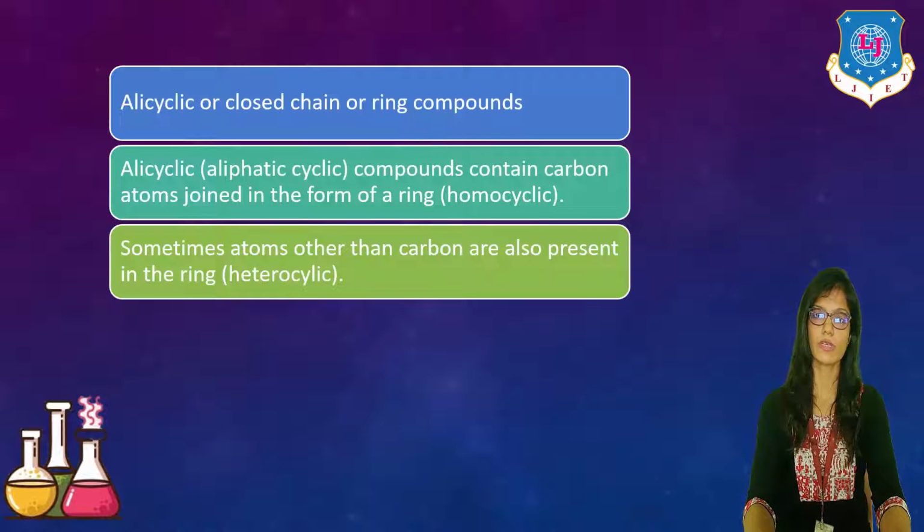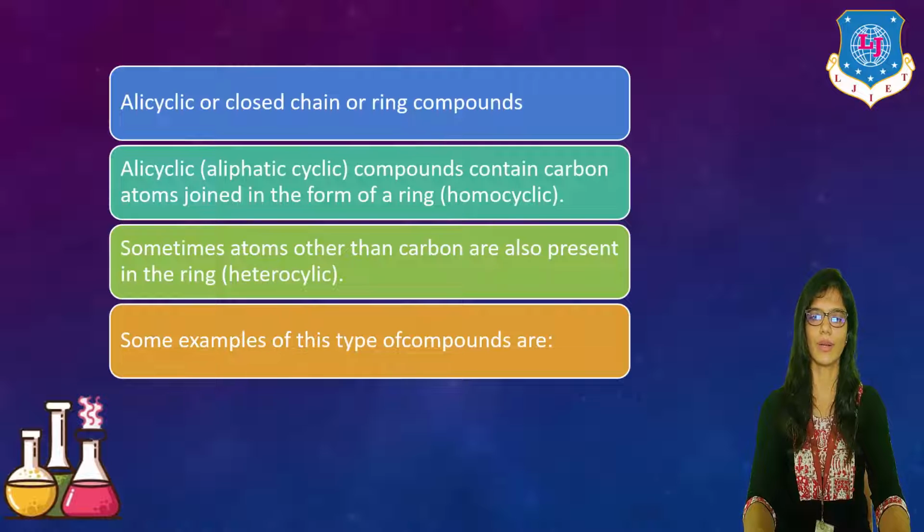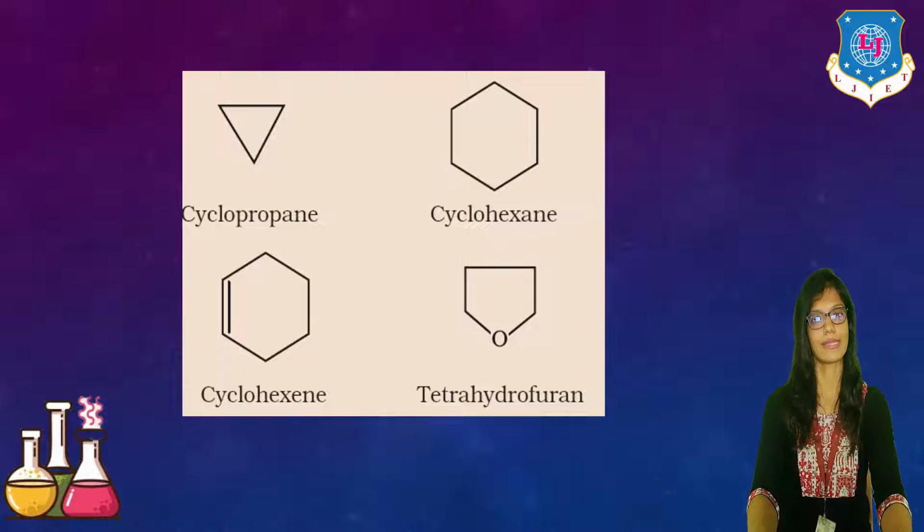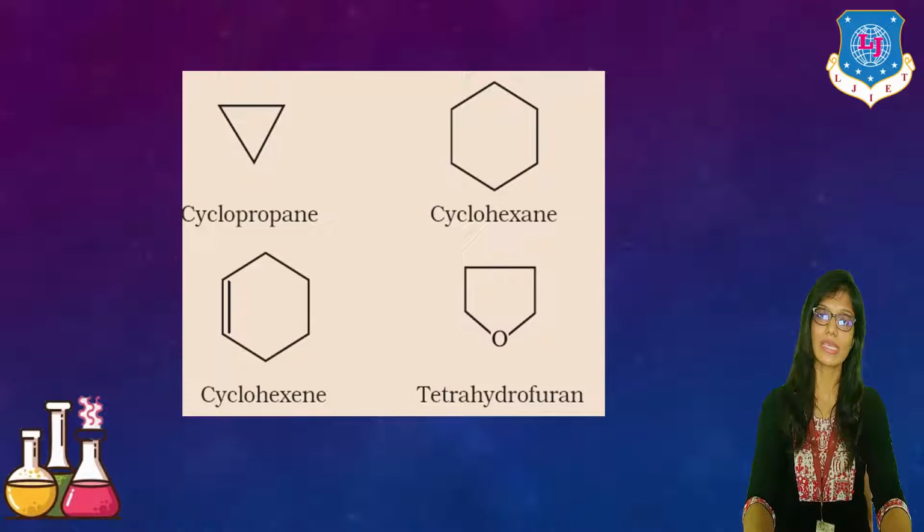Some examples of this kind of compounds are cyclopropane, cyclohexane, cyclohexene, tetrahydrofuran, etc. Or you can say cyclobutane, cyclohexane, cycloheptane. All of these contain a cyclic structure.